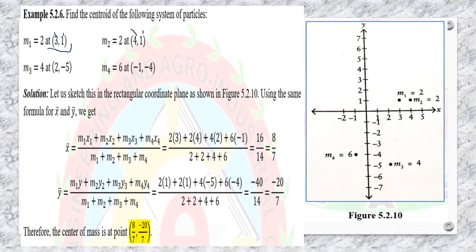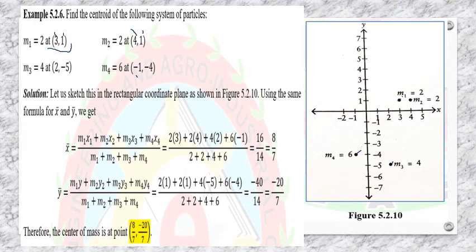Then m sub 3 naman is equal to 4, located at x sub 3 equals 2, and y sub 3 is equal to negative 5. M sub 4 is equal to 6 yung mass niya. Located at x sub 4 is equal to negative 1, and y sub 4 equals negative 4. So, ito siya. Ito yung m sub 1 natin. M sub 2 is here. M sub 3 is nandito siya, and then m sub 4.